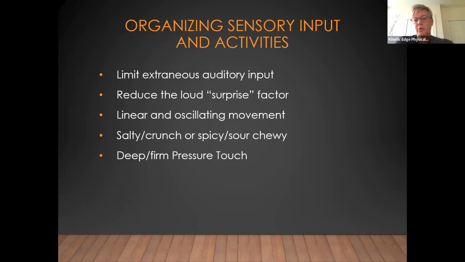So when we look at organizing, this is really the place if you're having trouble identifying whether the child is an avoider or a seeker, or what can we do for our whole entire classroom? These are some things that are just in general going to be good input for a lot of your kids. Again, I'm not going to say all, but so limiting extraneous auditory input.